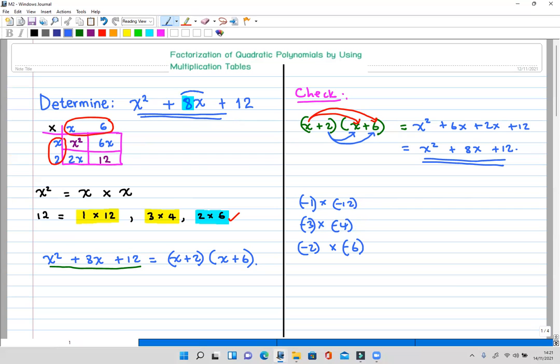And here we have a positive. So we don't need these negatives. If we take this, we'll get negative 8. But this is positive 8. So that's why we only take the positives. We are going to continue to understand this very well in the next examples.